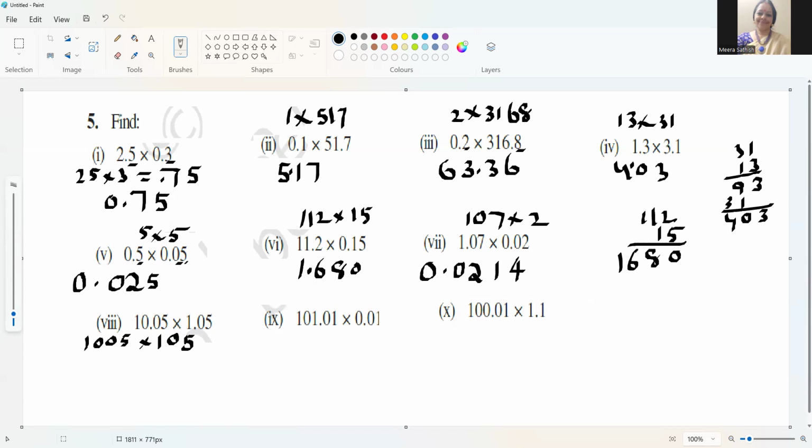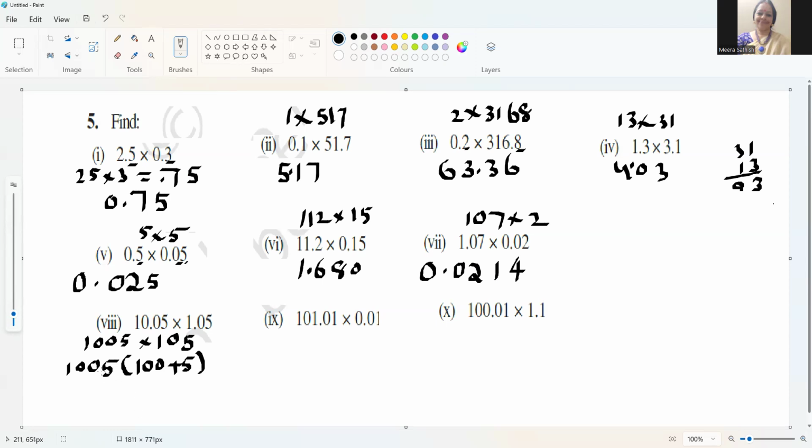Hope you remember that. Using that, very easily we can find the product. How? See, split any of the numbers. So 1005 into 105. 100 plus 5.